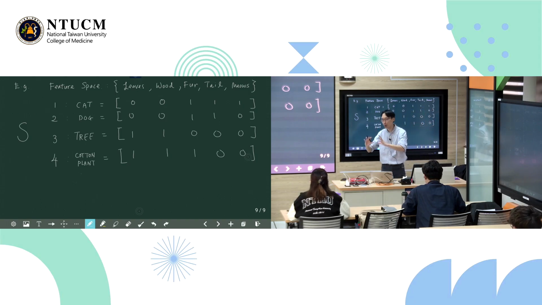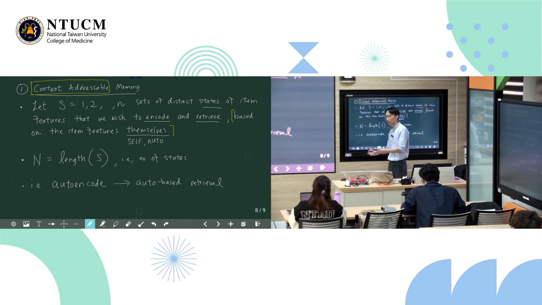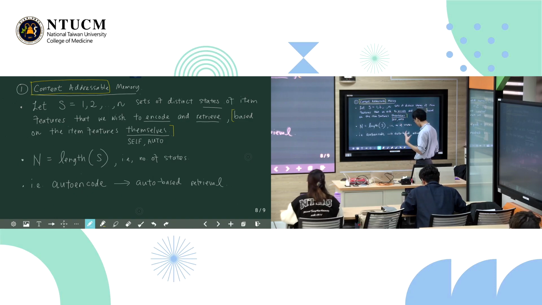I have to store or represent these 4 different 5-bit words. That's the encoding part. And I have to do it such that the encoding method uses those very 5-bit words themselves, and then I have to retrieve as well, based on those same 5-bit words.